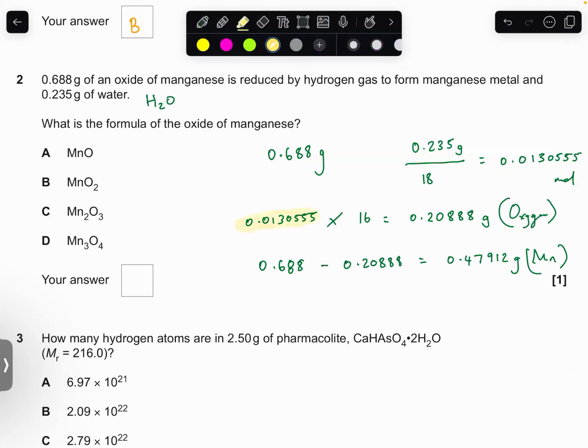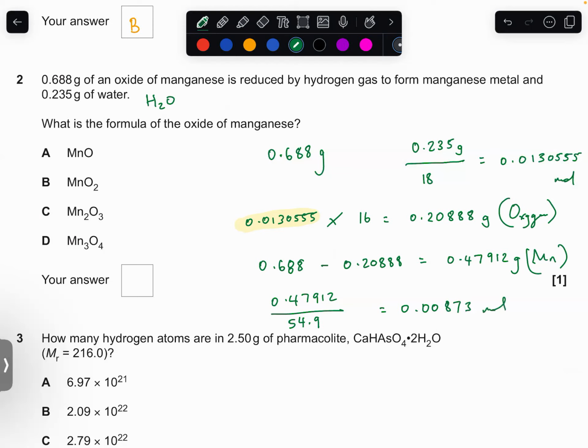And manganese would be 0.47912 over the molar mass of Mn, which is 54.9, equal to 0.00873.